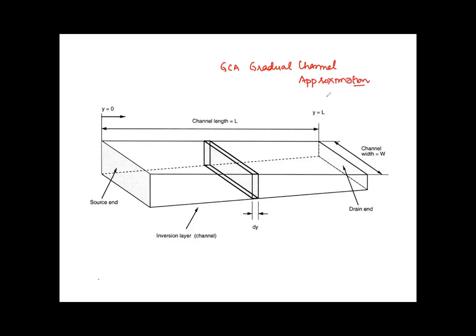Here you can see we have a source and a drain, and we have picked a very small element dy, because we assume the channel is from y equal to 0 to y equal to L. The total length of the channel is L, and the width of the channel is given by W. We have selected a very small element dy.